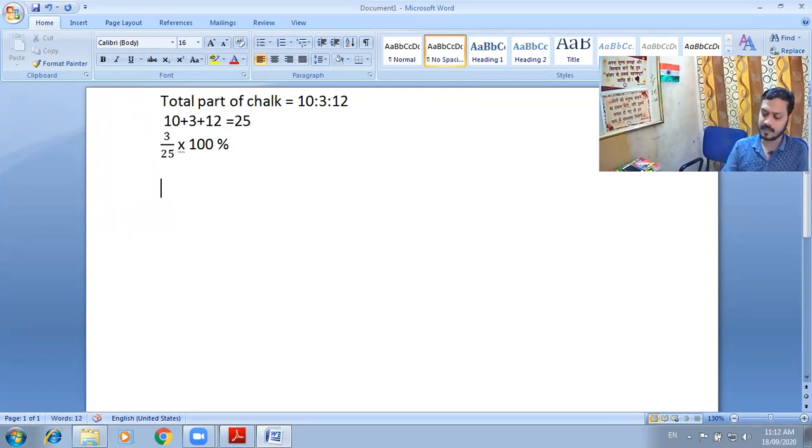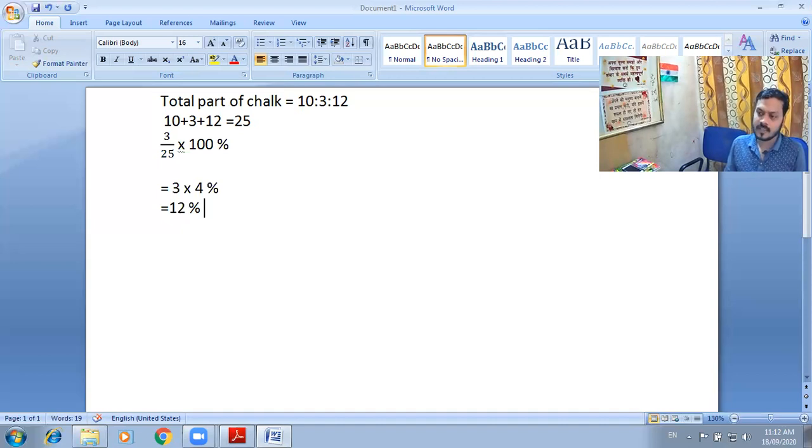After simplification, 3 into 25 is 100... so 12% of carbon is available in chalk.